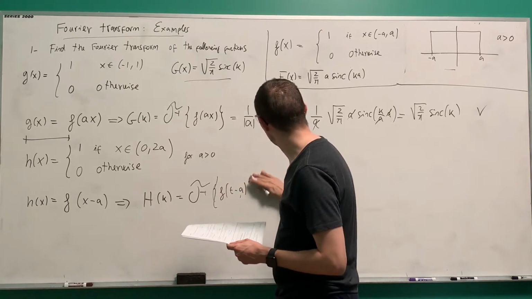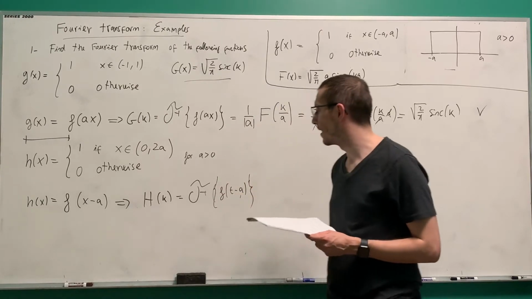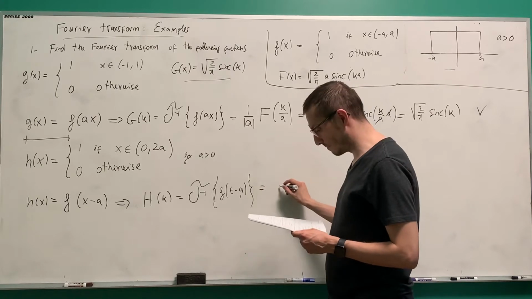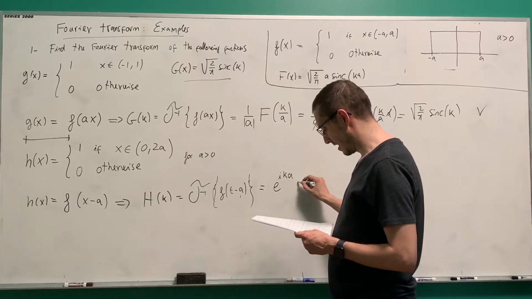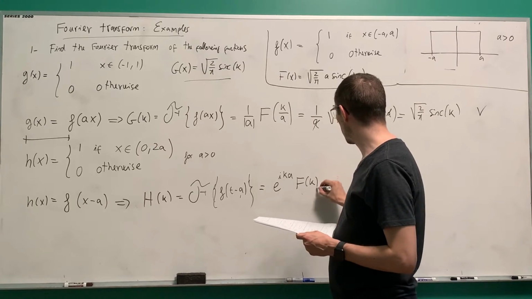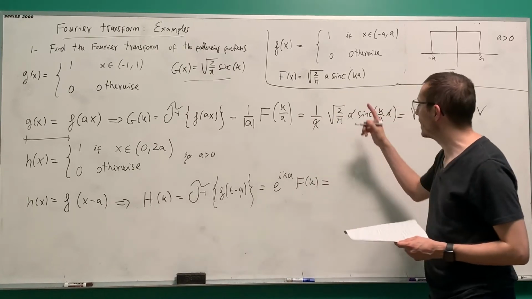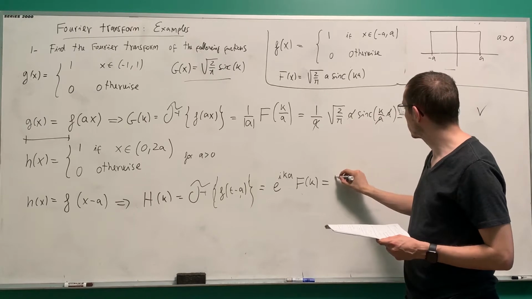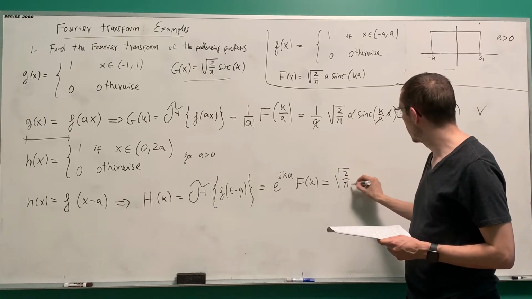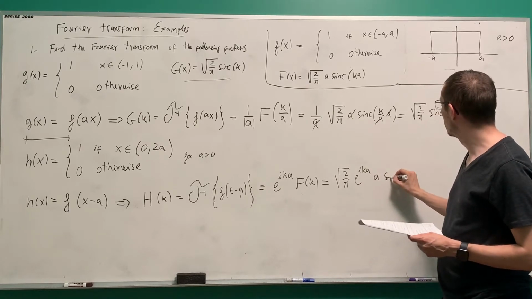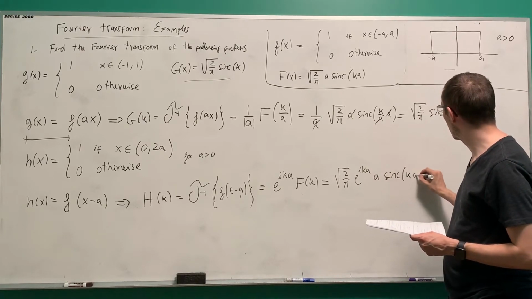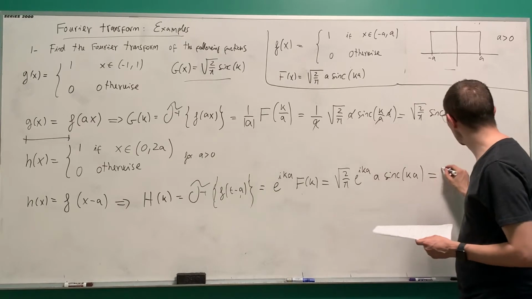The shifting property tells me that this is e to the i k a times F of k. Alright, so I just substitute and I get square root of 2 a e to the i k a sinc of ka. And that is the result, that is h of k.